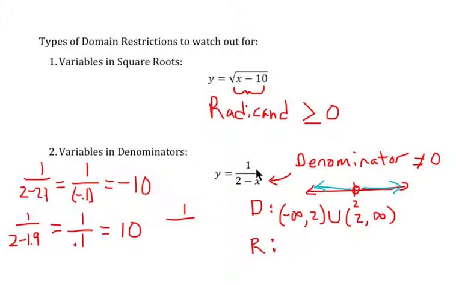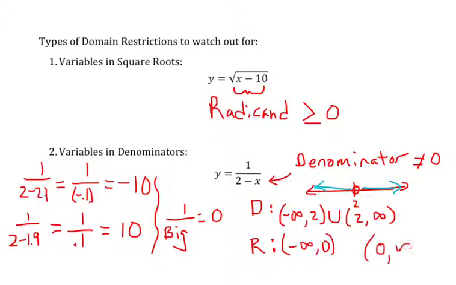So either way, we're going to have 1 over a big number, and 1 over a big number we know goes to 0. So when x is getting out to infinity, our y value is going to 0. We'll never touch 0, but we'll get real close. So what that tells us for our range is that we'll have from negative infinity to 0, and 0 to infinity.